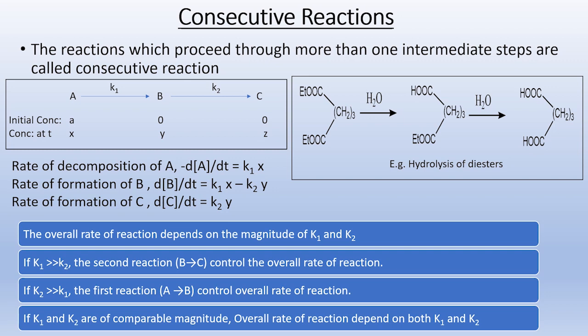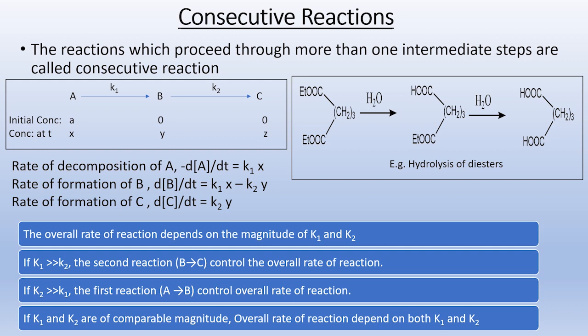So if K1 is very much greater than K2, that means the first step is fast, so the rate determining step will be the second, or we can say this conversion of B giving C will control the overall rate of reaction. And instead, if K2 is very much greater than K1, that means the second step is much faster than the first step.